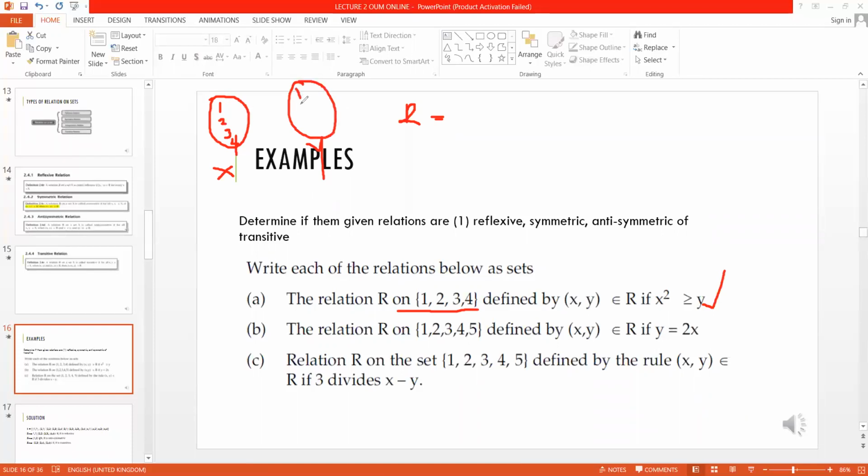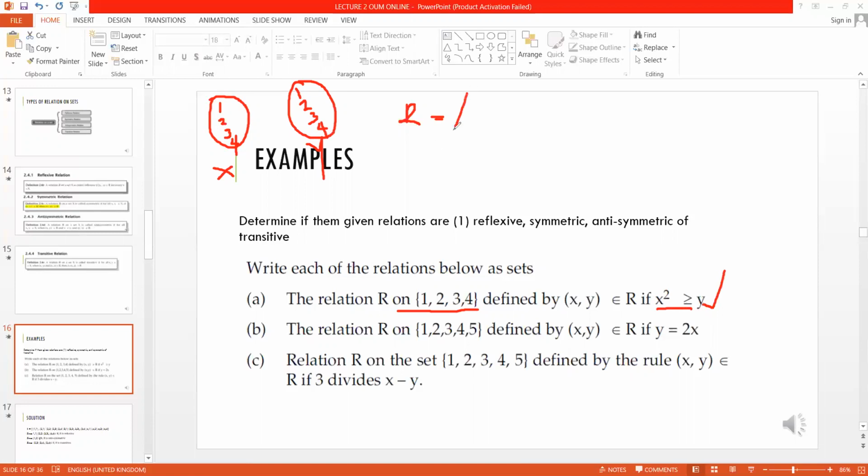So the rule says that x squared should be greater than or equal to y. When you square x, it should be greater than or equal to y.